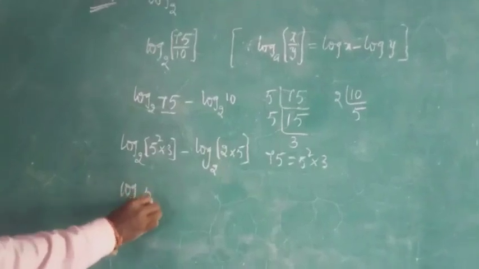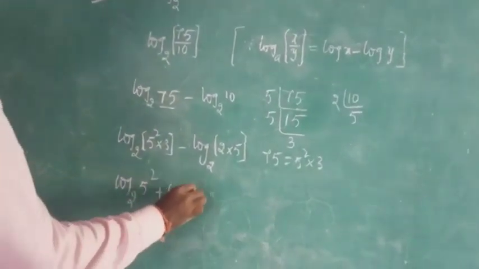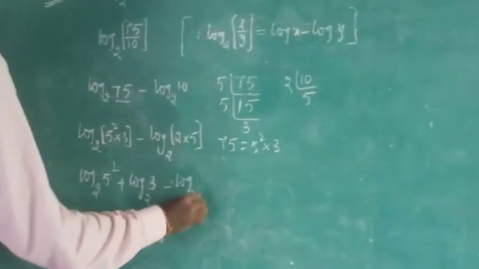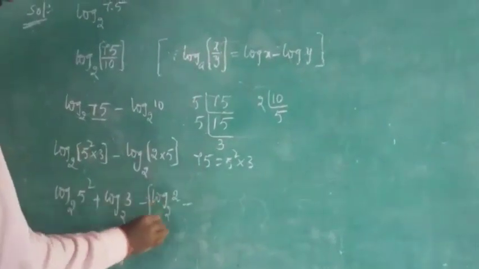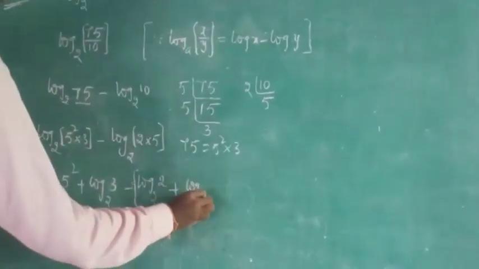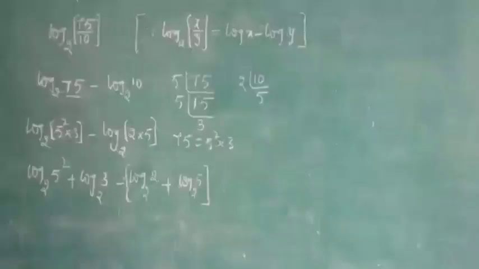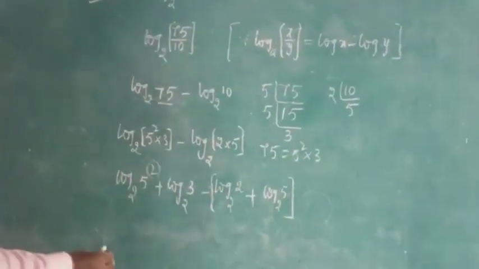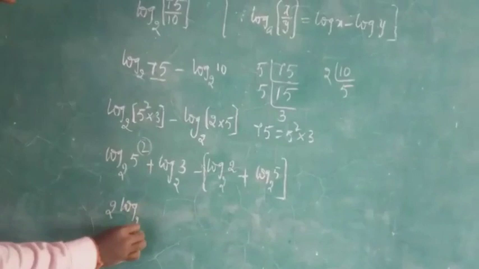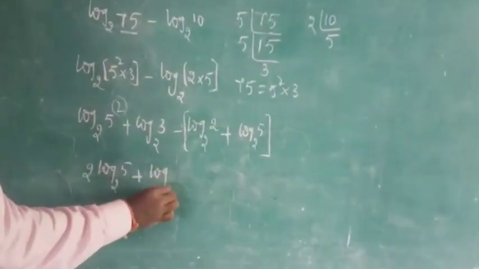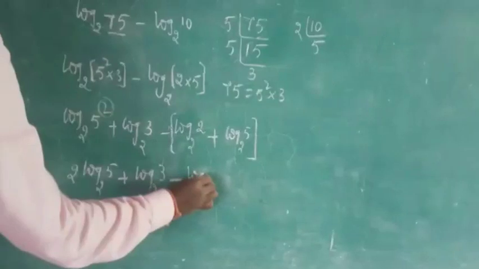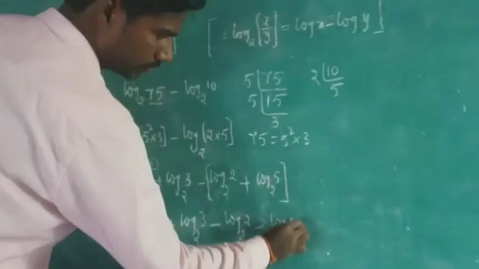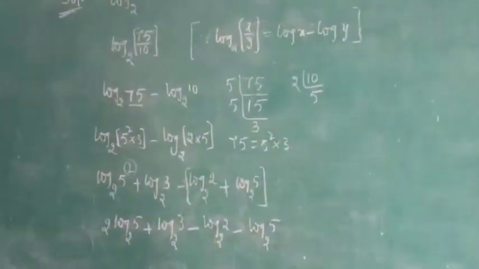So log base 2 of 5 square plus log base 2 of 3 minus open the bracket log base 2 of 2 plus log base 2 of 5. So this you can write using the power rule. So 2 log base 2 of 5 plus log base 2 of 3 minus log base 2 of 2 minus log base 2 of 5. So concept, is it clear?